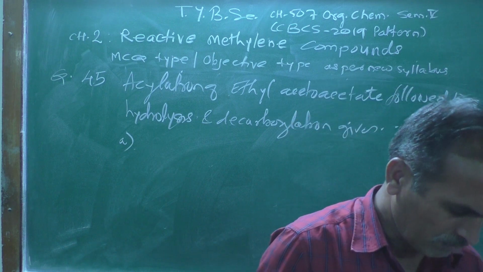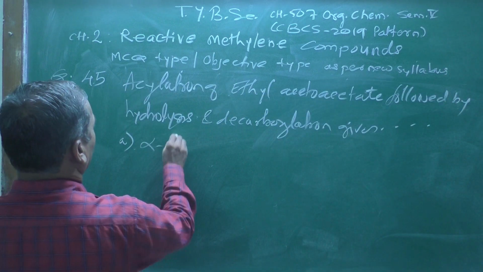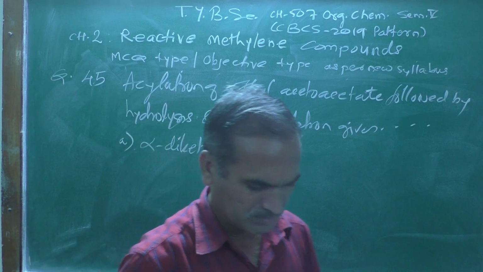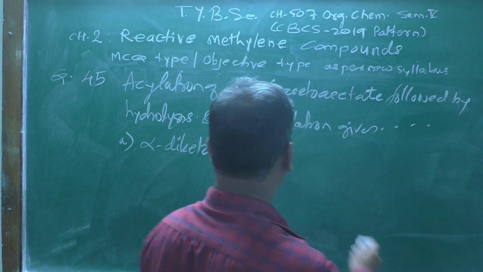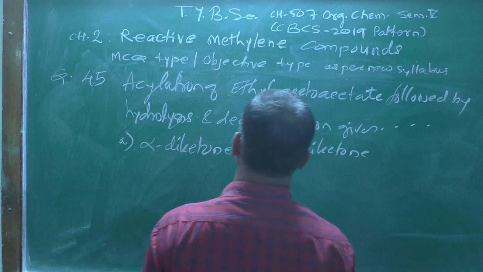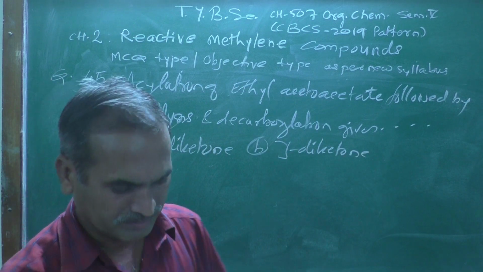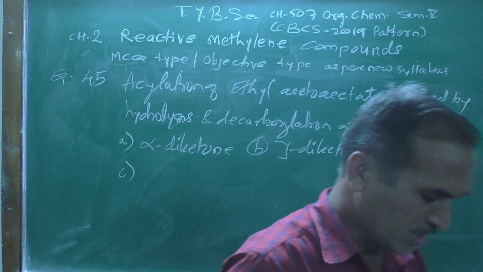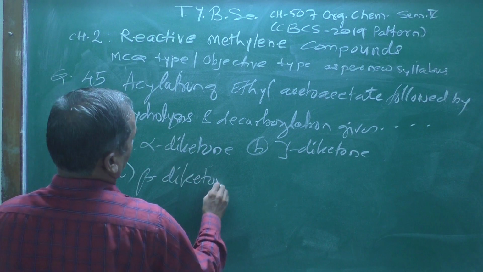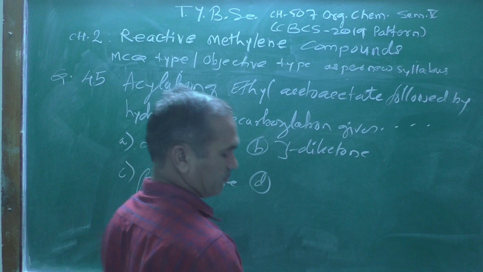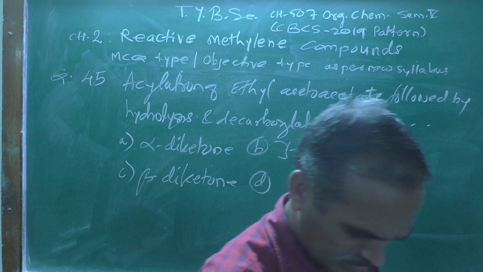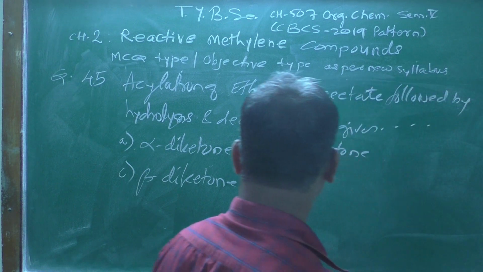A would be alpha diketone, B would be gamma diketone, C would be beta diketone, and D would be gamma delta diketone.